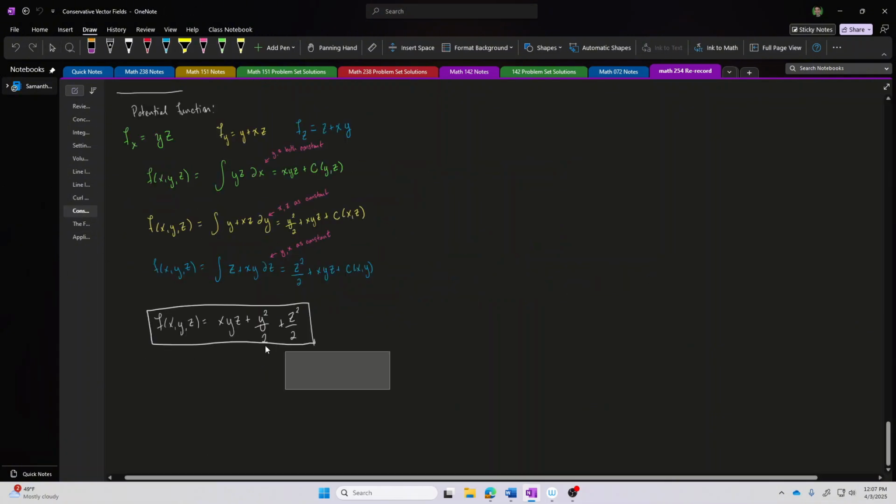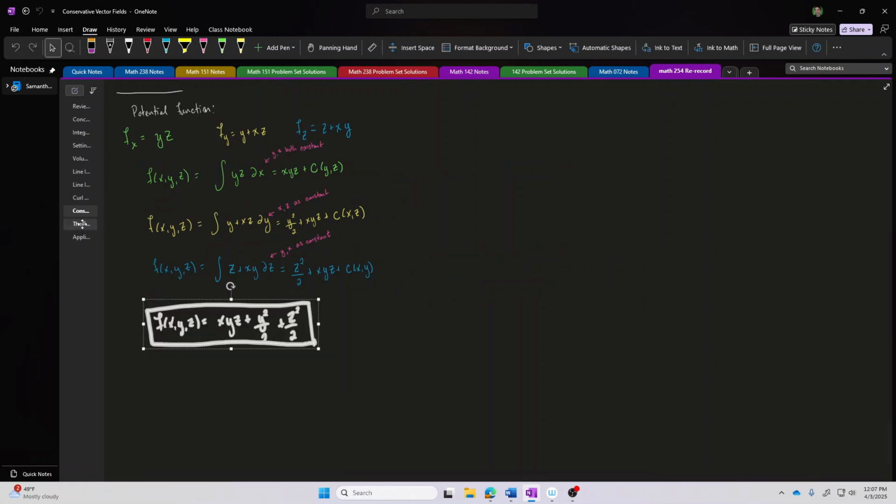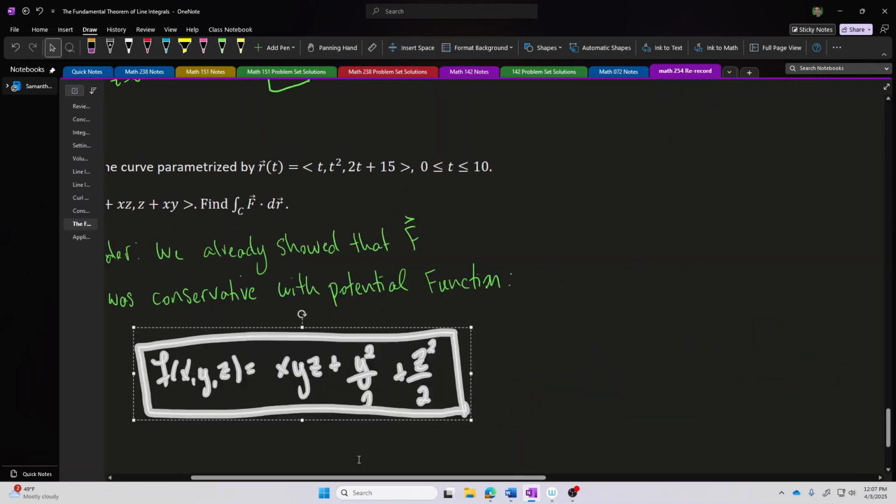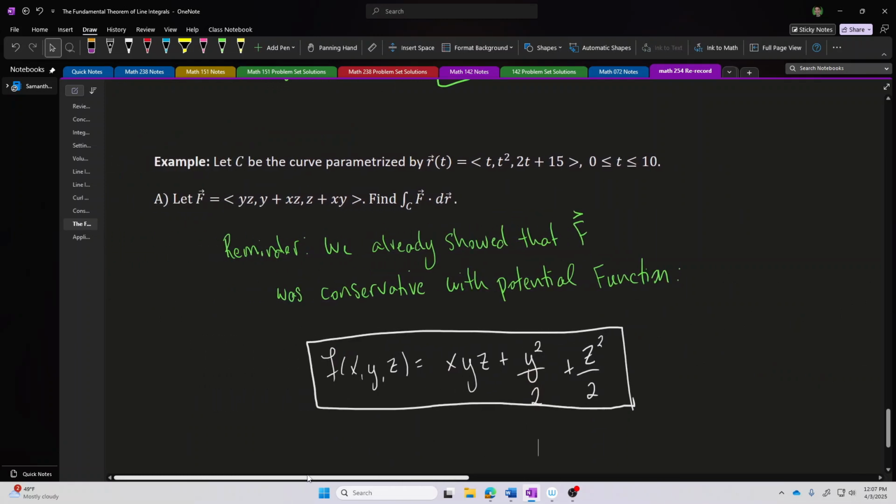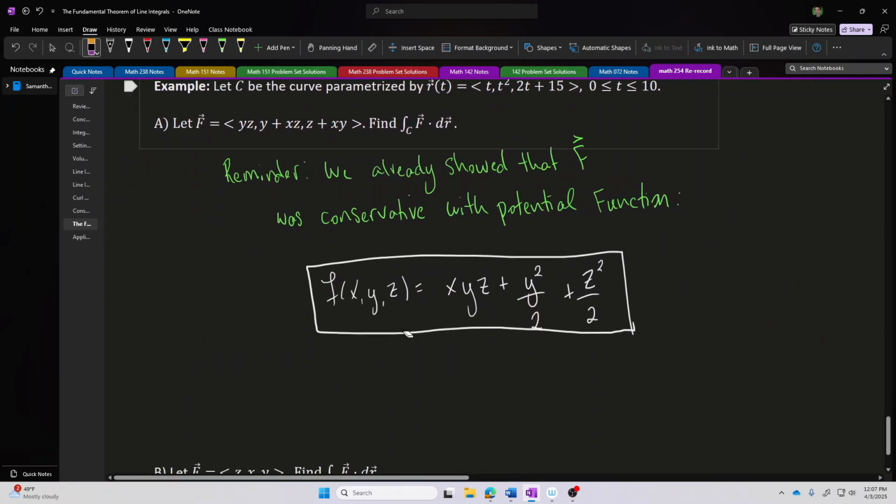Going back to the notes from the previous episode, it looks like it was xyz plus y squared over 2 plus z squared over 2.